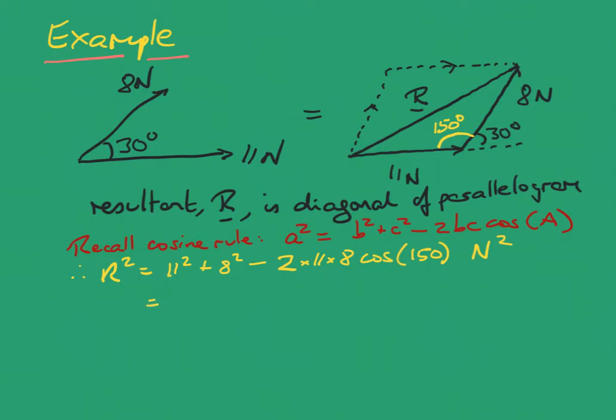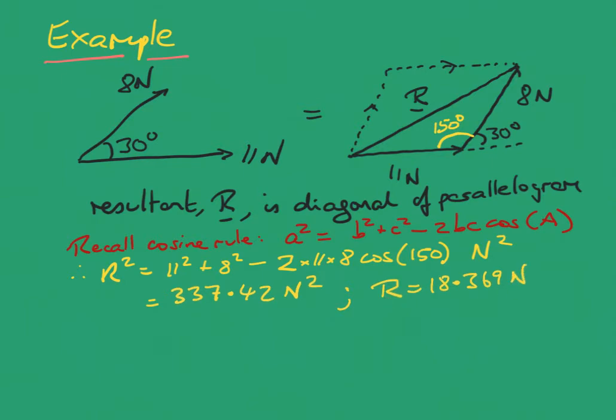And what we find is that r squared is equal to 337.42 newtons squared. So if we take the square root, we obtain that r is equal to 18.369 newtons.